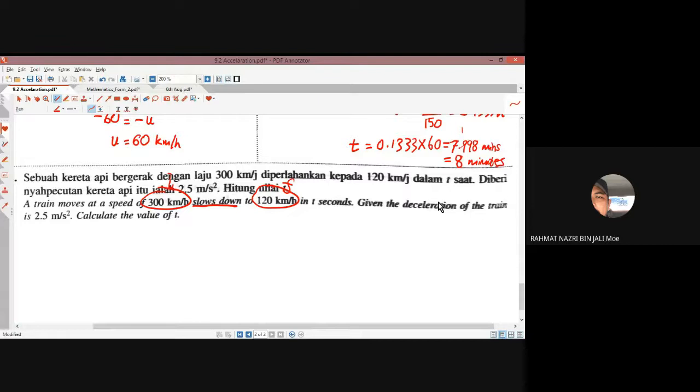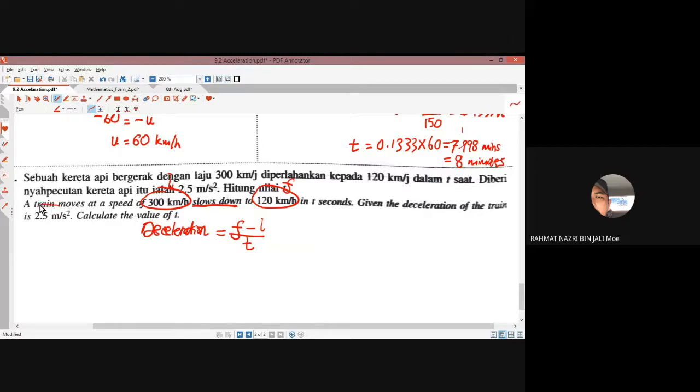Given the deceleration of the train is 2.5 meter per second, calculate the value of T. So sama juga, guna formula yang sama. So we have deceleration equal to final minus initial divided by time.